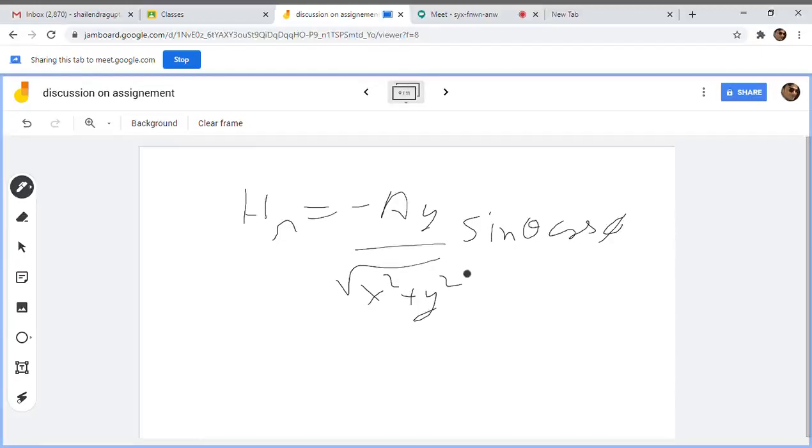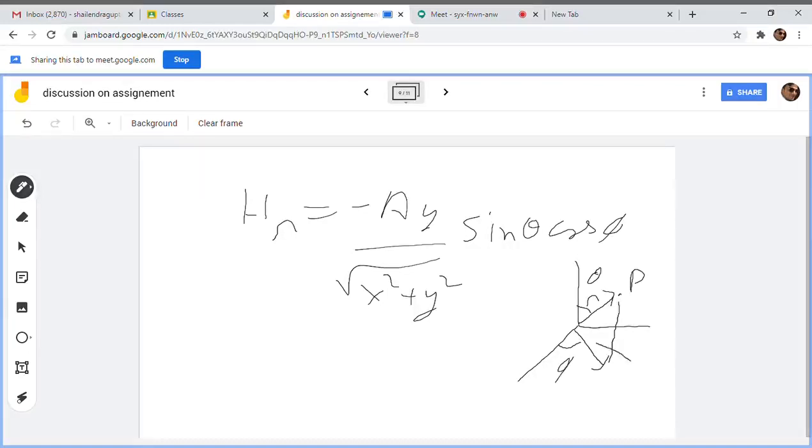Okay, now you have to convert this y and x square plus y square into the spherical coordinate system. You know that in the spherical coordinate system r is defined directly as the radial distance from the origin to point p. When you bring it onto the xy plane, this angle is your theta, and this angle is your phi.